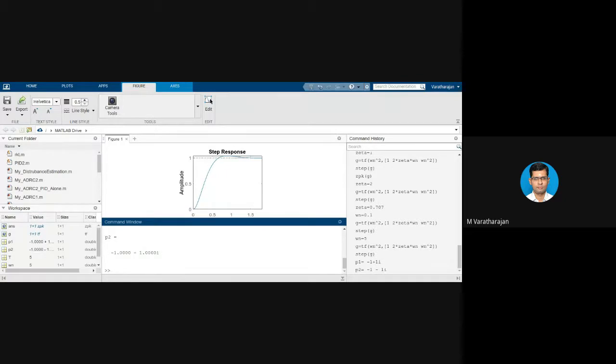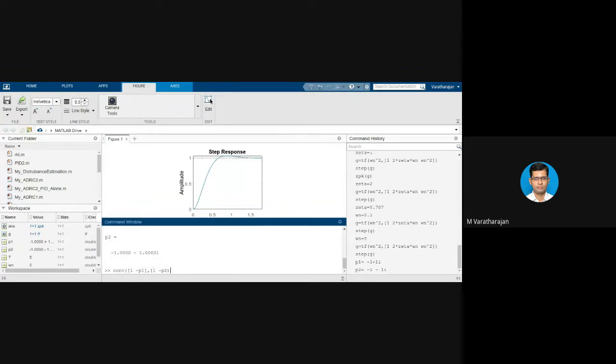If we know the pole positions, then the characteristic polynomial in the denominator is going to be (s minus p1)(s minus p2). That is polynomial multiplication. In MATLAB, you can do this kind of polynomial multiplication with a command called convolution, conv. In that, I am passing the variables 1 minus p1, 1 minus p2.